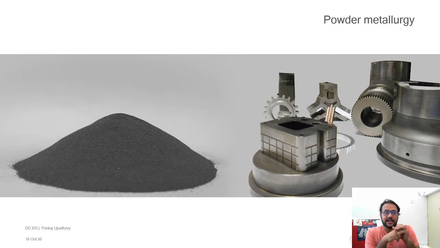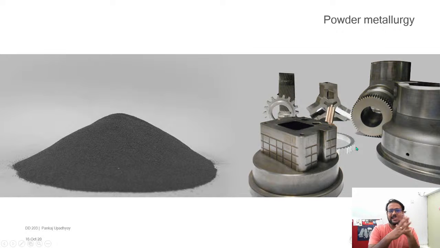The idea is that in this particular manufacturing process, your end goal is, of course, to make some parts like gears, things like that. And the starting material is powdered metal. If you zoom in really close and look at it under the microscope, you'll see beads of metal, metal particles. So this is powdered metal, and using this, such things are made.